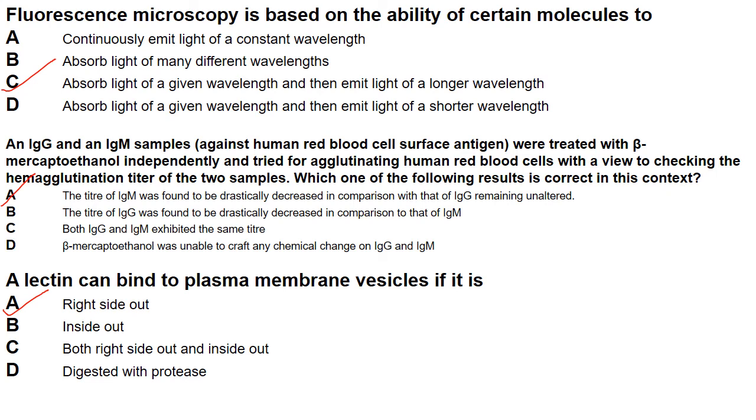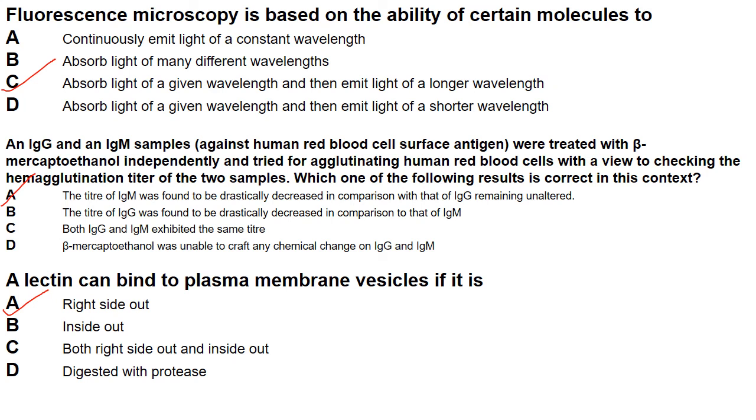This I got from a research article. So the answer will be the titer of IgM was found to be drastically decreased in comparison with that of IgG remaining unaltered. Answer is option A.